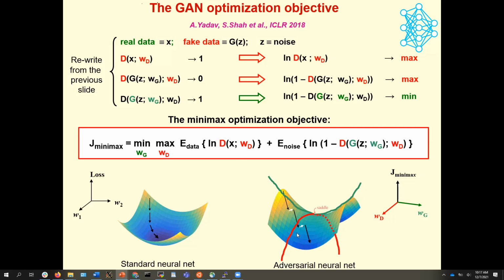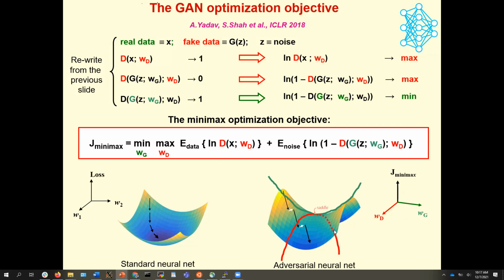In the maximization step, we vary only the discriminator weights, which means we will be in the hyperplane perpendicular to the generator axis, and the intersection of that plane with this surface will be a curve with a maximum, and that's where we try to find the maximum.